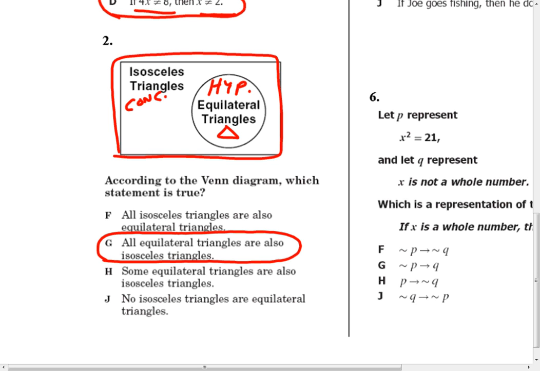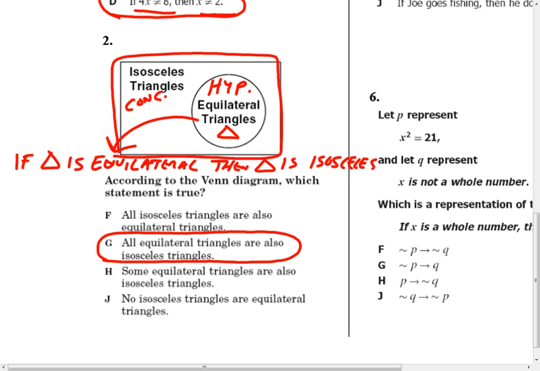So I could also say, if triangle is equilateral, then triangle is isosceles. So if it's inside another figure, put that into the beginning part of the if-then statement. They're not showing us if-then statements, but it's in the same order that we would have. That's G.